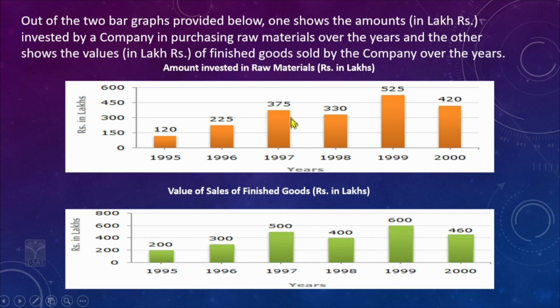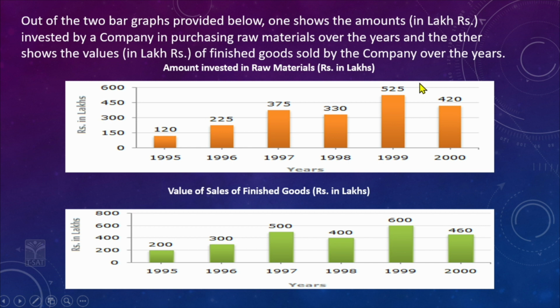Here the difference is 125 lakhs rupees. Then 330 lakhs invested for raw material, and 400 lakhs rupees they got after selling finished goods. Here the difference is 70.